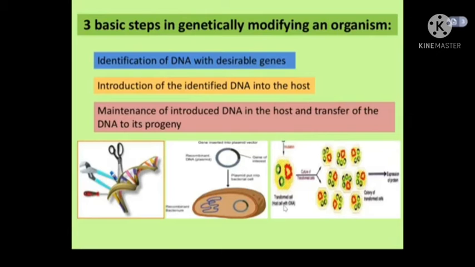Second step, introduction of the identified DNA into the host cell. Third, maintenance of the introduced DNA in the host and transfer of the DNA to its progeny. So these are the three steps which we use here.